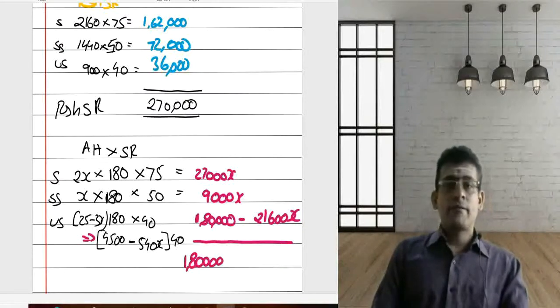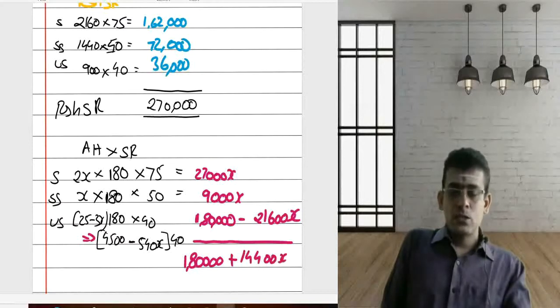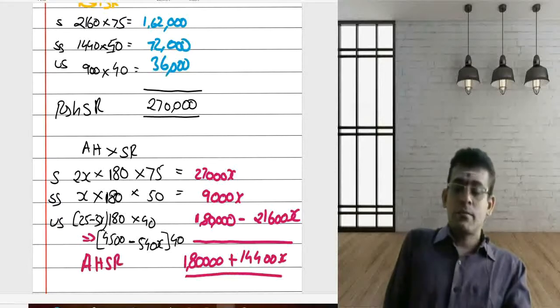Total 36,000x. 36,000x minus 21,600x is going to give you plus 14,400x. So this is nothing but my AH into SR.